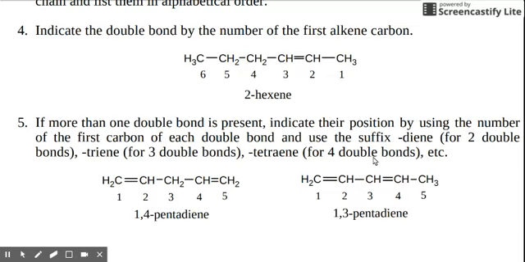So those are the suffixes you're going to use according to how many double bonds you have. It's really possible that you won't have just one, but more than one.